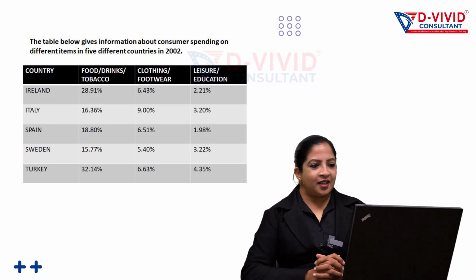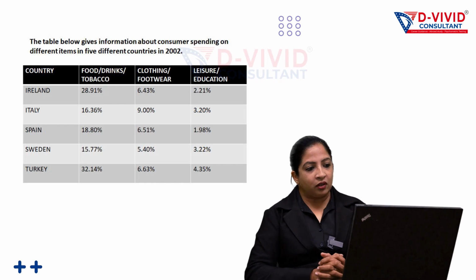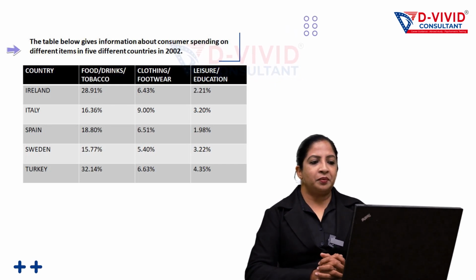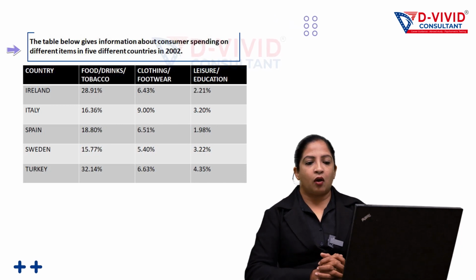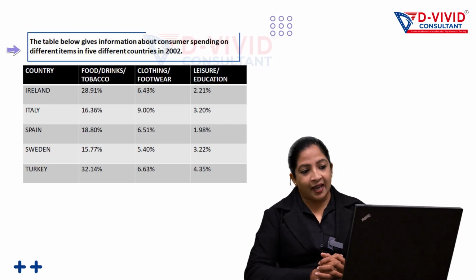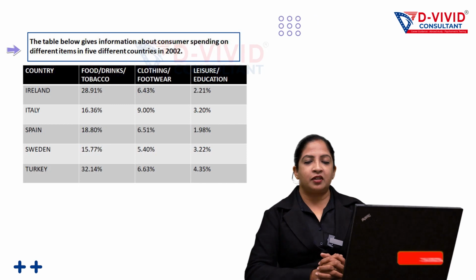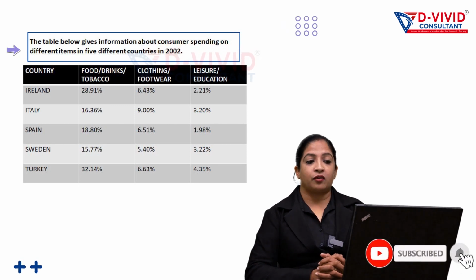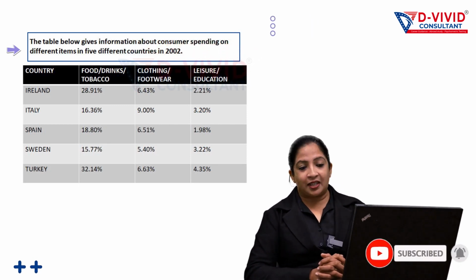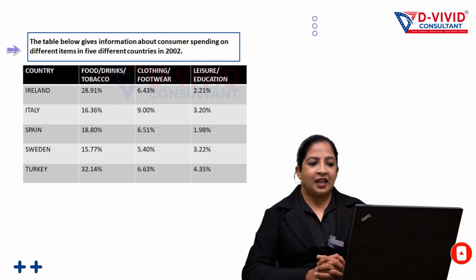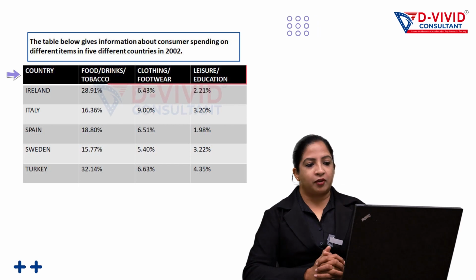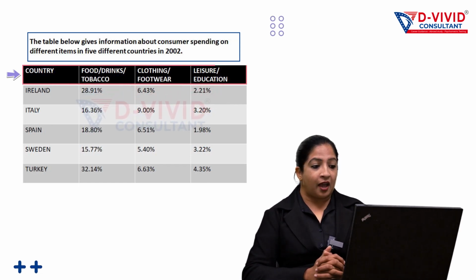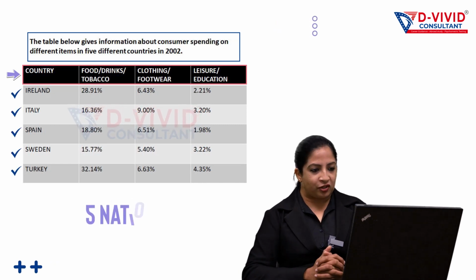Okay guys, let's see what we have got. It says the table below gives information about consumer spending on different items in five different countries in the year 2002. So my tense is past. Let's see the titles: country, food, drinks, tobacco, clothing, footwear, leisure and education, and we have five nations.